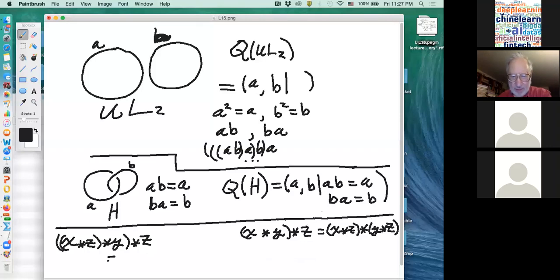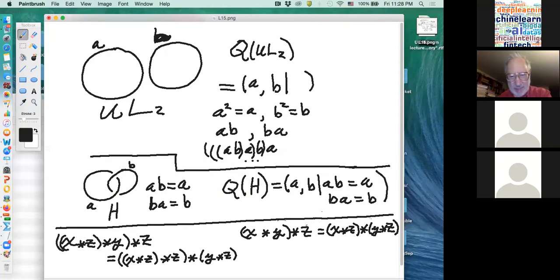Let's do it carefully. I can distribute the z in, and I get x times z times z, and that times y times z. Right? That's right.